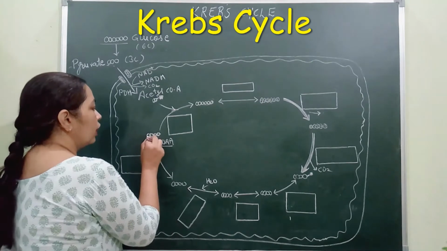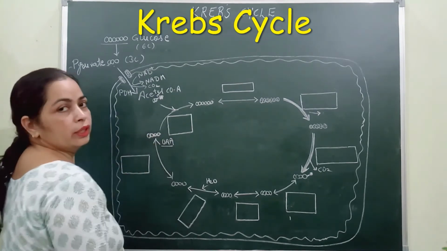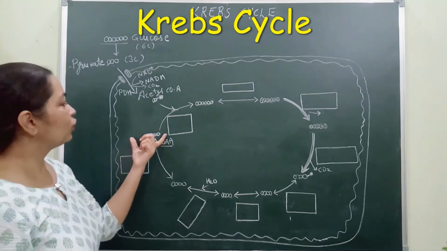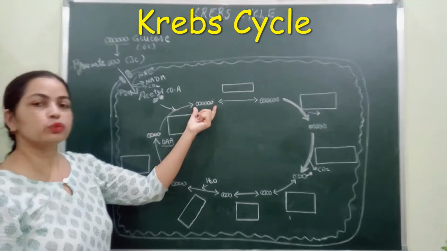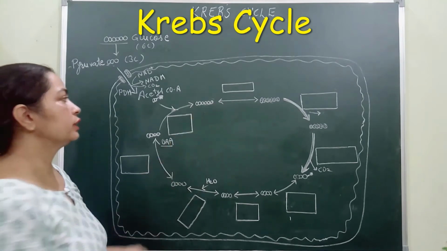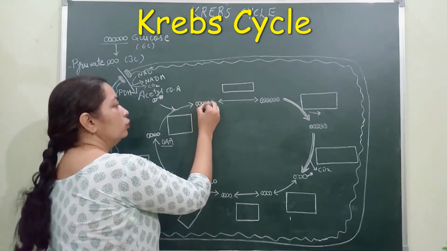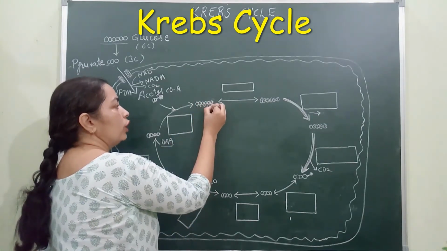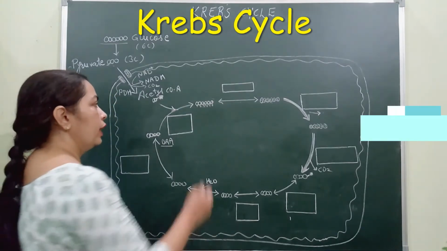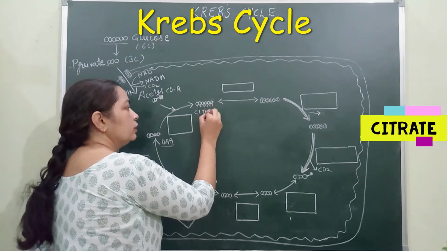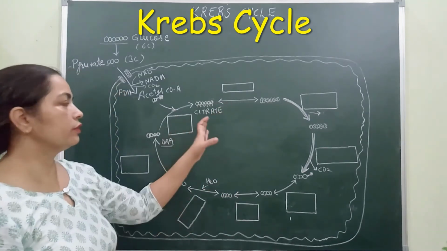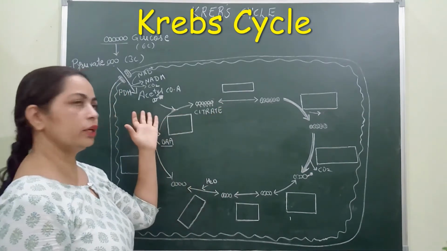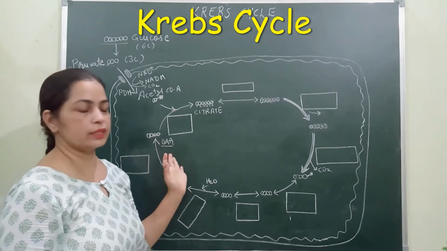It has 4 carbon atoms. These 4 atoms and these 2 atoms fuse together, and that leads to formation of a new molecule having 6 atoms, named citrate. In this way, citrate is produced by the fusion of acetyl coenzyme A with oxaloacetate.